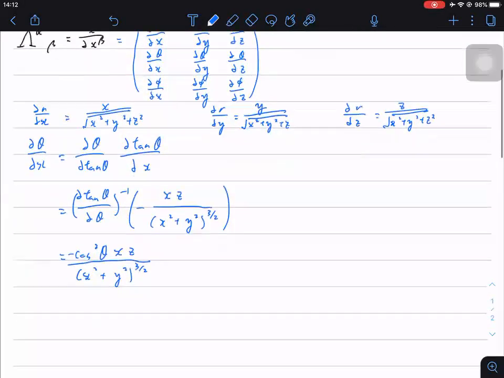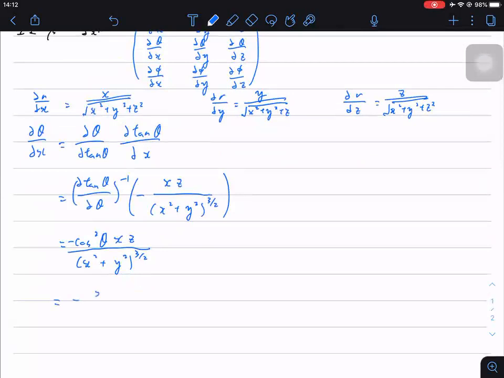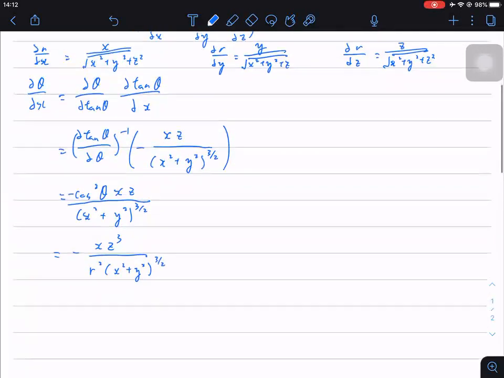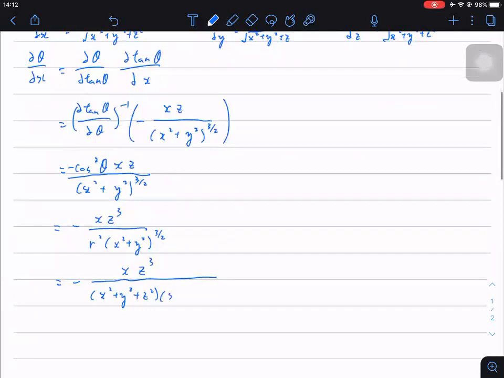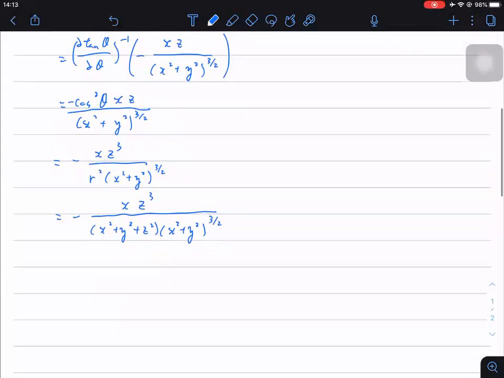So we have this term. So eventually we have this one. Okay, it is a little bit messy, but okay.